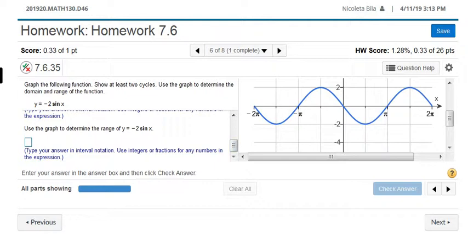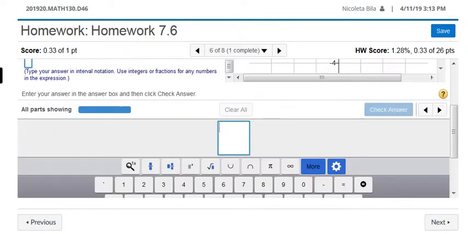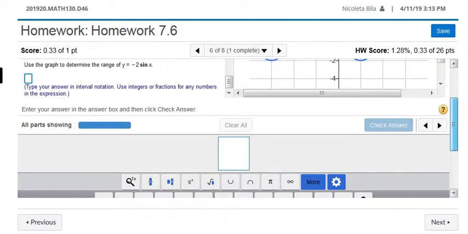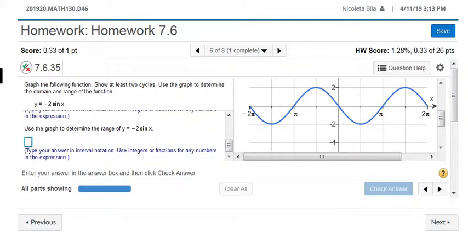Now we are at the range. The range of a function is the interval that we obtain when we project all the graph onto the y-axis. If I push all these points onto the y-axis, or project them, what do we obtain? We obtain all the points between -2 and 2, and that's the range.